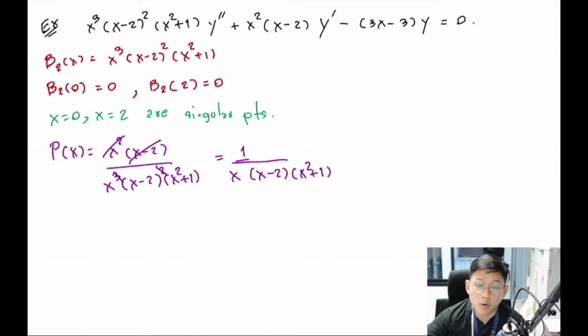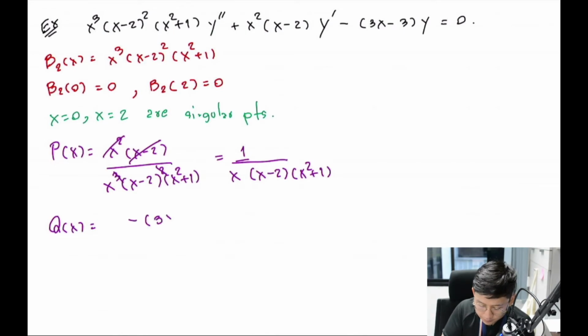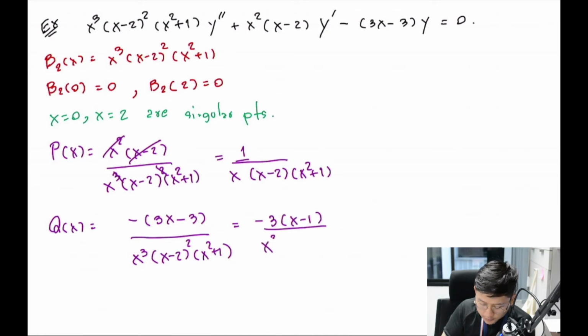And q(x) would be minus 3x minus 3 divided by x cubed, x minus 2 squared and x squared plus 1. If you want, you can pull the 3 out, so you get x minus 1 in the numerator. You can't get rid of any terms in the denominator.